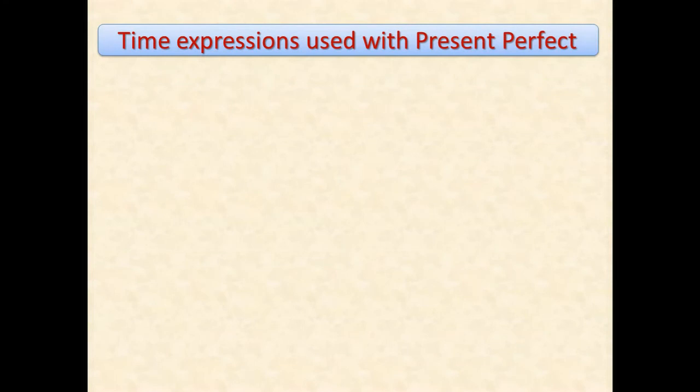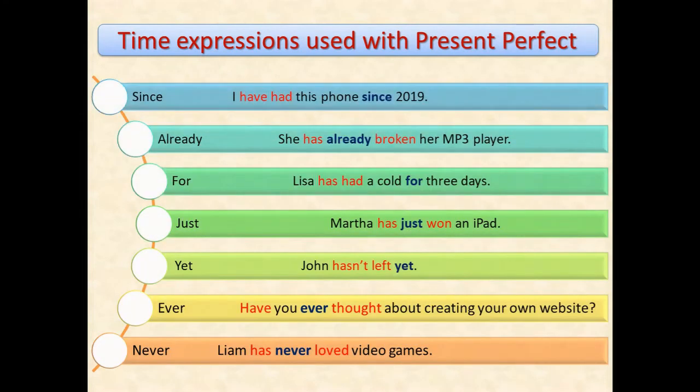Time expressions used with present perfect. Okay, since, already, for, just, yet, ever, never. Since. I have had this phone since 2019. Already. She has already broken her MP3 player.